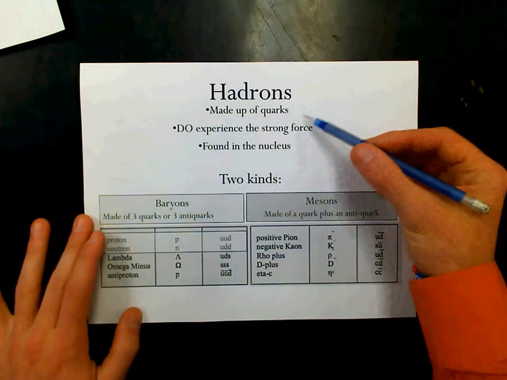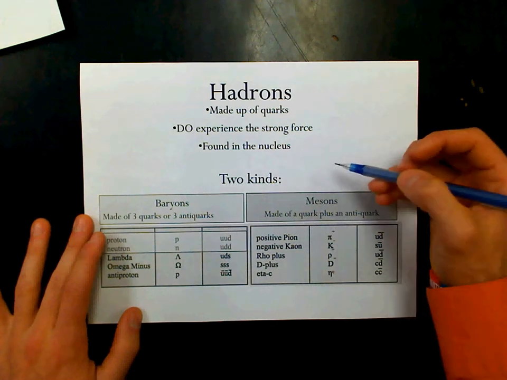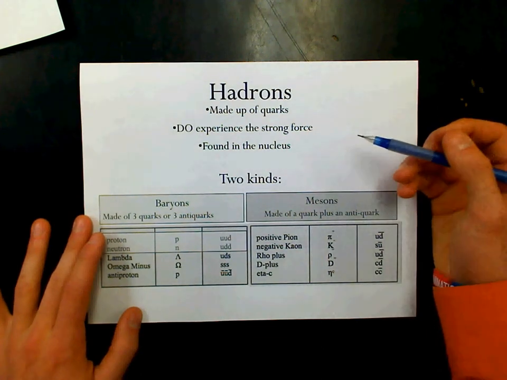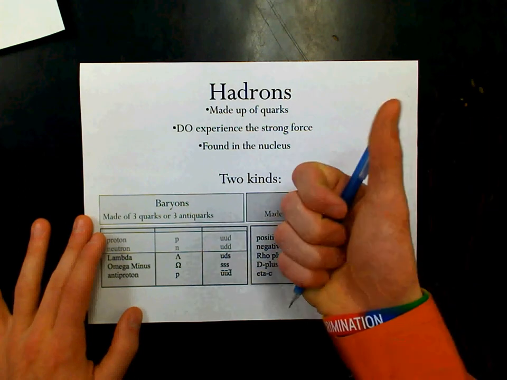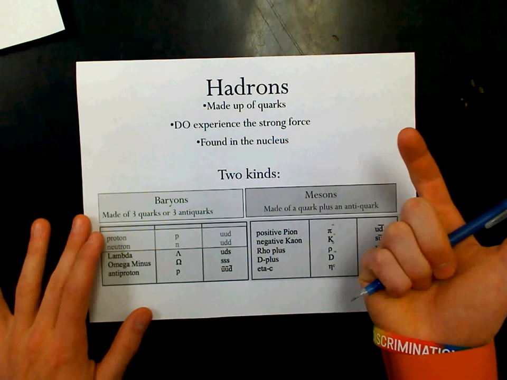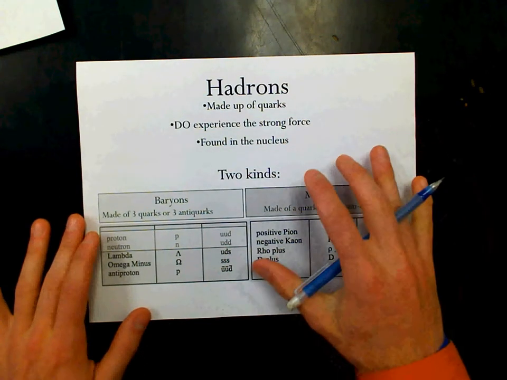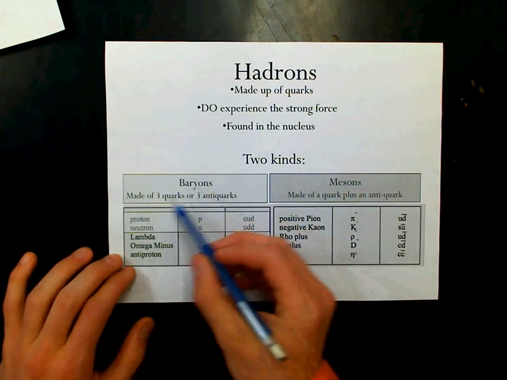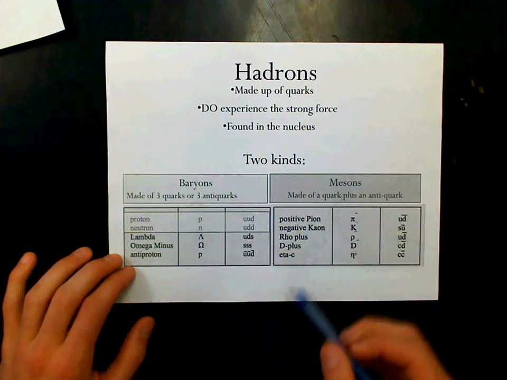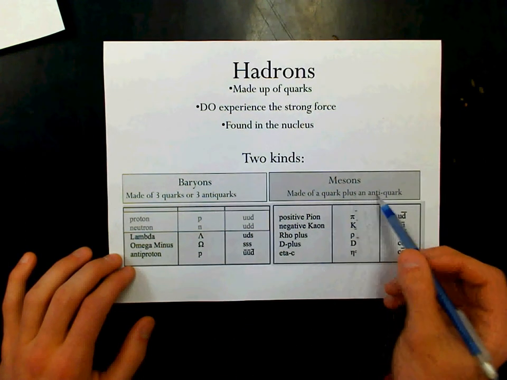Since they experience a strong force, they're located in the nucleus. So what other particles do we know that are located in the nucleus? Well, we got protons, and we got neutrons. Both of those are made up of quarks. So a baryon has 3 quarks, or 3 antiquarks, and a meson has 1 quark plus an antiquark.